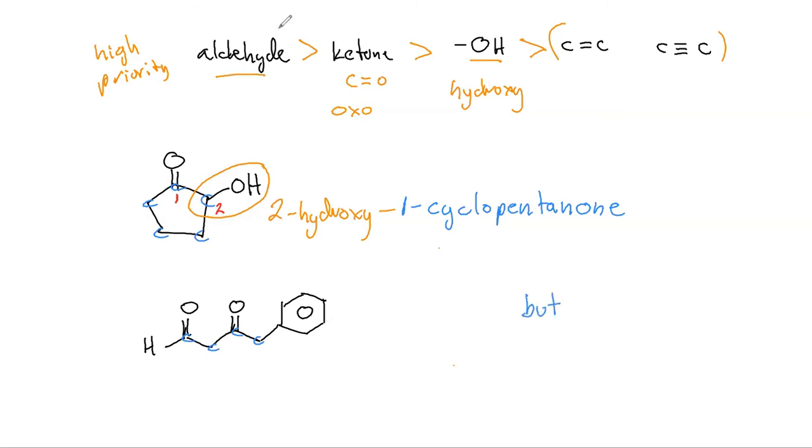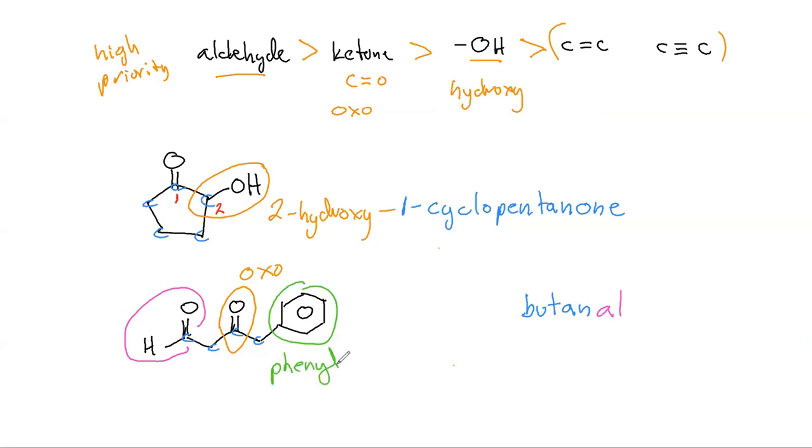And because the aldehyde functional group takes precedence over the ketone, because we have the aldehyde functional group, it's butanal. And then we would name the ketone as oxo, and the benzene ring, of course, is phenyl.